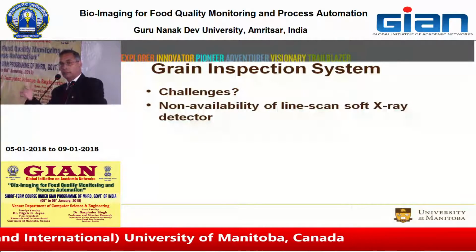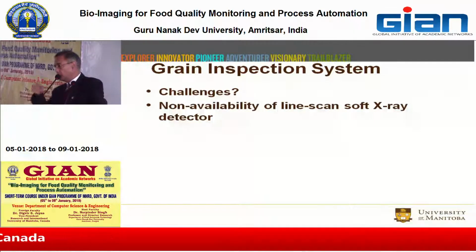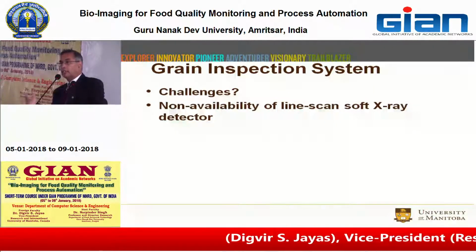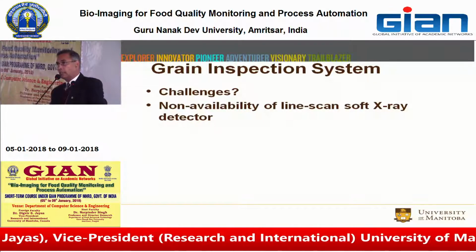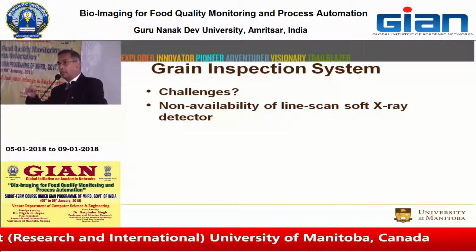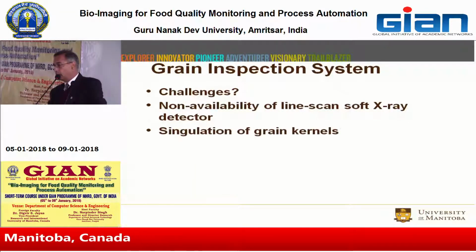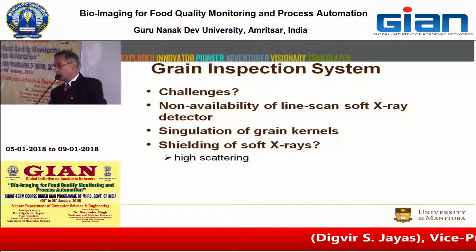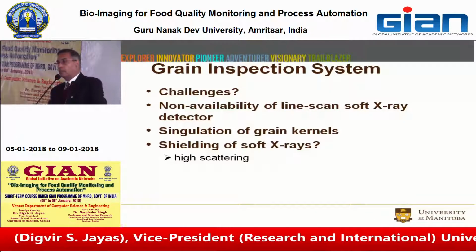Another challenge in the grain inspection system is the acceptance by the industry of the cost-benefit ratio of implementing this system. Currently, for the hard X-rays, you can buy line scan systems because that's what the airports use, and the hospitals use the area scan ones.